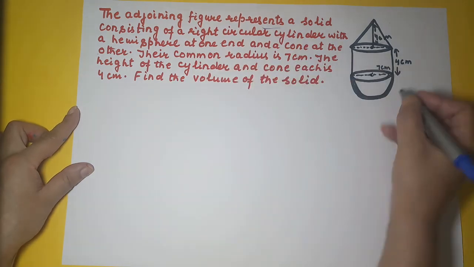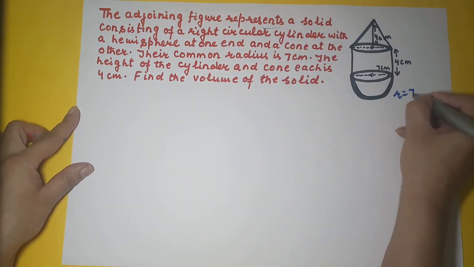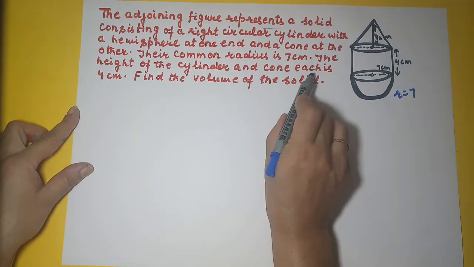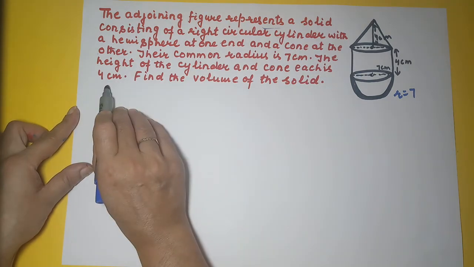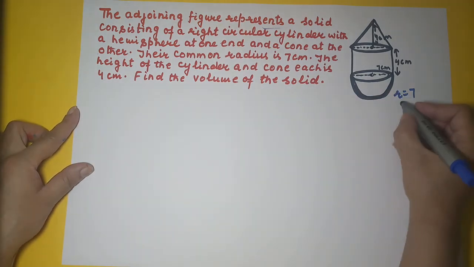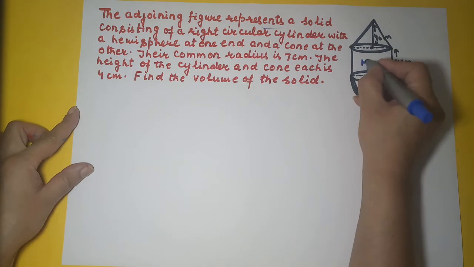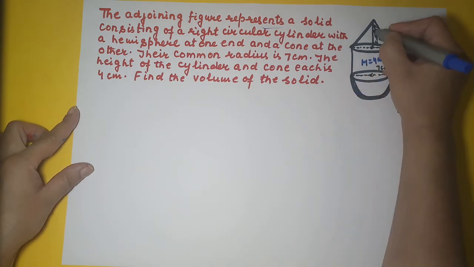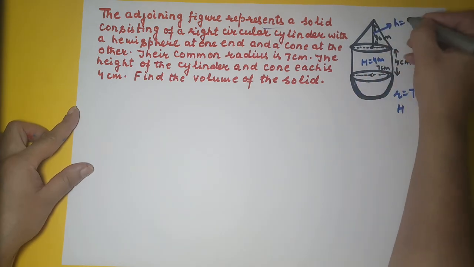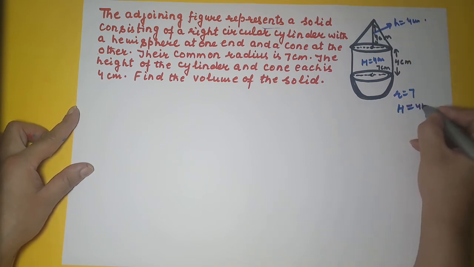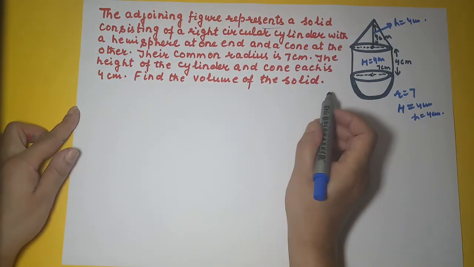Their common radius is 7. So R is 7. The height of the cylinder and cone each is 4 centimeter. So you can say that capital H for cylinder is 4 centimeter and small h for cone is also 4 centimeter. Find the volume of the solid.